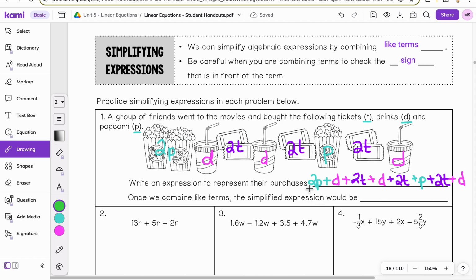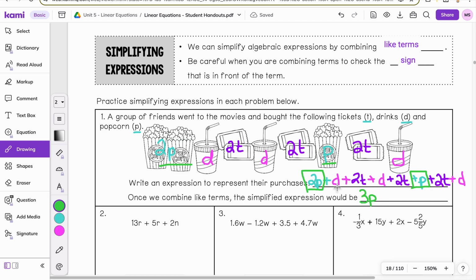So I really already color coded a lot of these, but basically I'm saying, okay, I can combine 2p plus a p. So what's 2p? What's these 2 popcorns plus this 1 popcorn? Well, I end up with 3 popcorns, right? What's next?